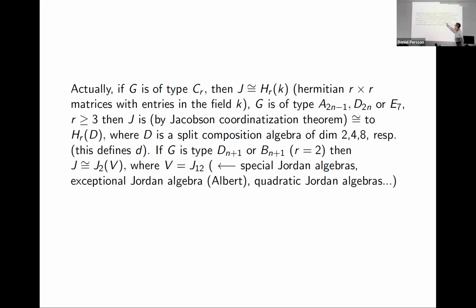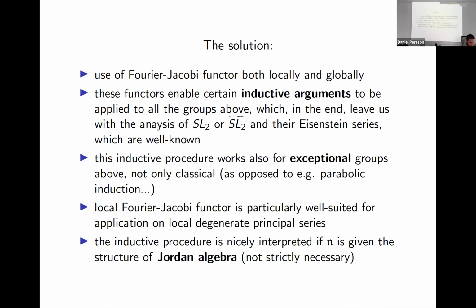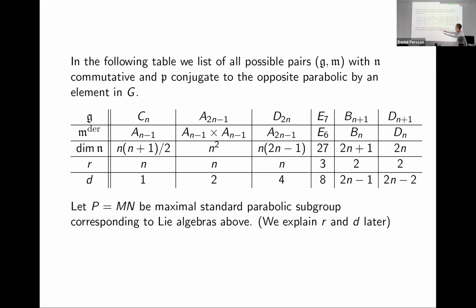And this R is n there in the table in the symplectic case. So R is actually the size of this Hermitian matrix. D here was 1. You see? Here D is 1 in this symplectic case. So you really have symmetric matrices over the base field.